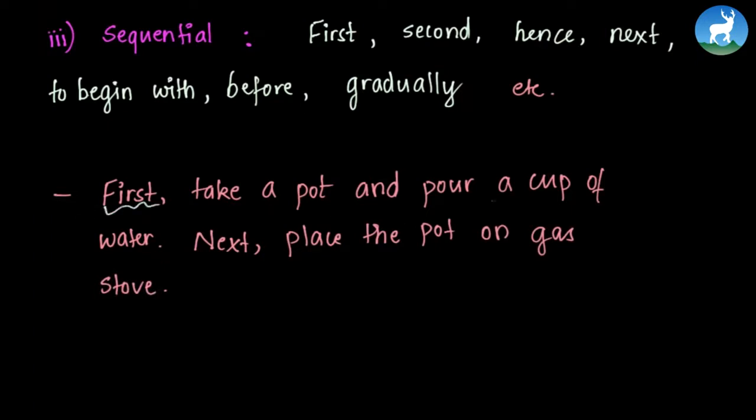First, take a pot and pour a cup of water. Next, place the pot on a gas stove. So this is sequential connective because we are telling to do something in sequential order. So when we are describing a few steps or something in sequence, we use these kinds of connectives.